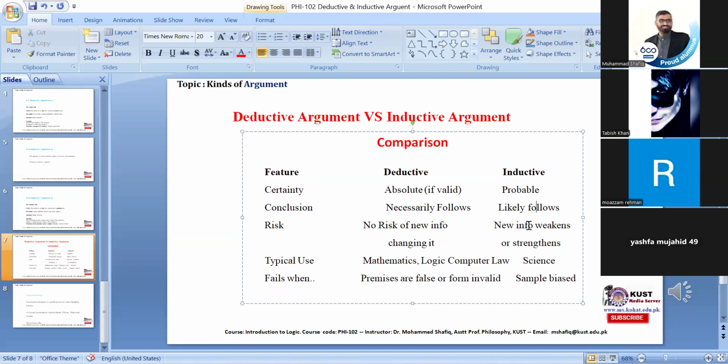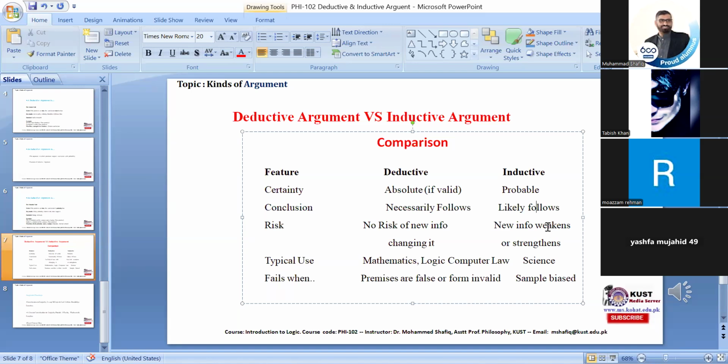If there is new information, it can weaken or strengthen an argument. For example, if I say Ali is a man and he is mortal, X is a man and he is mortal, Y is a man and he is mortal, Z is a man and he is mortal, the more mortal cases I add, the more our argument will be strengthened. Therefore, all men are mortal.